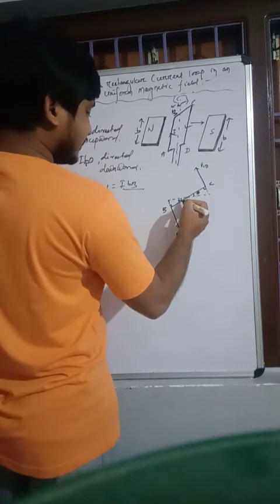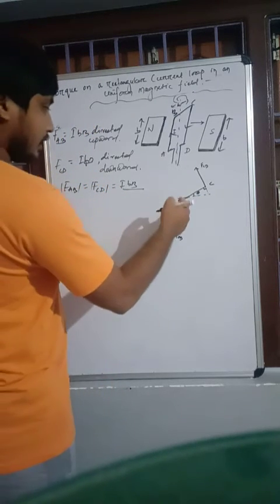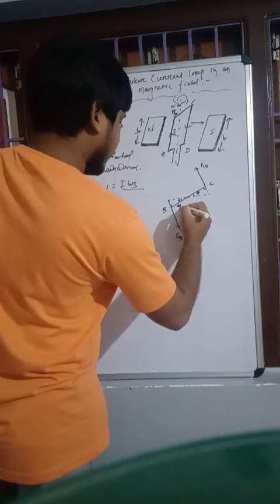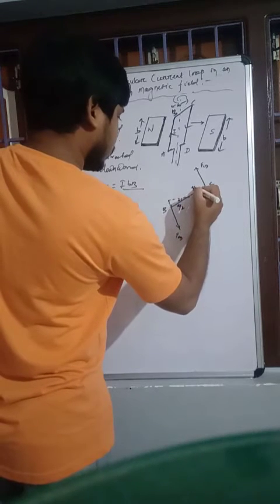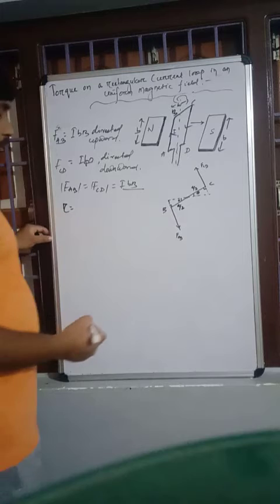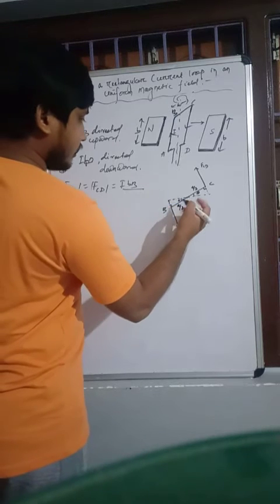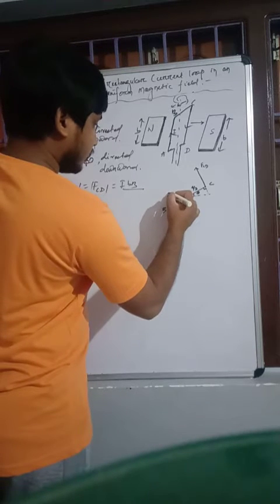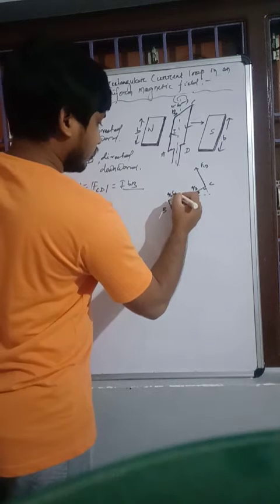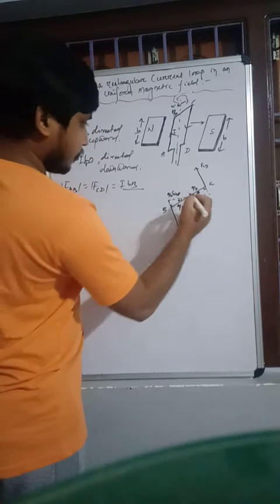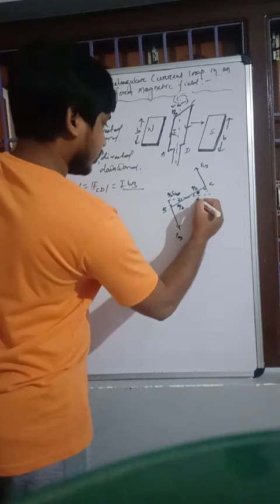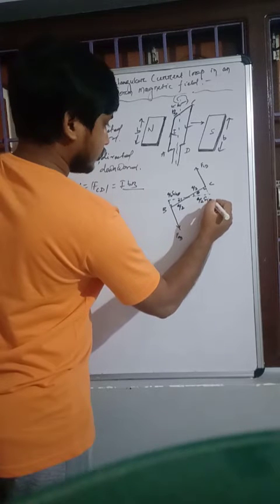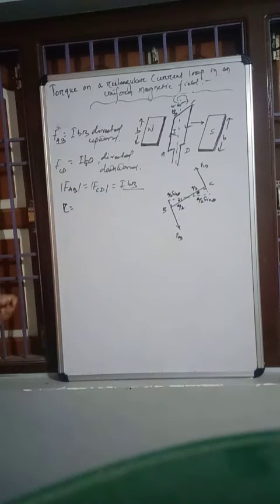We take sine theta in this right angle triangle. This is a by 2 and this is also a by 2. If you take sine theta, this one will be a by 2 sine theta, and this one also will be a by 2 sine theta.